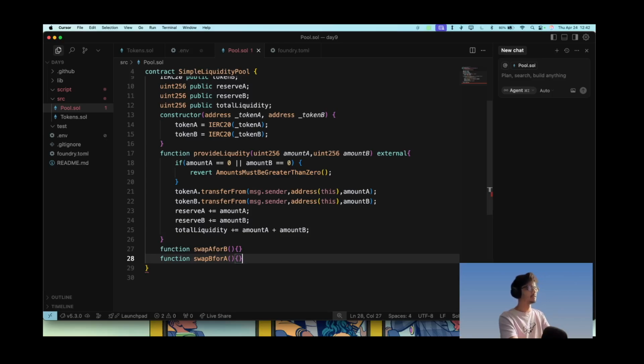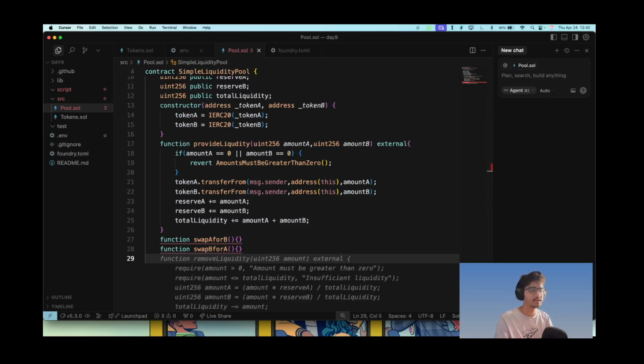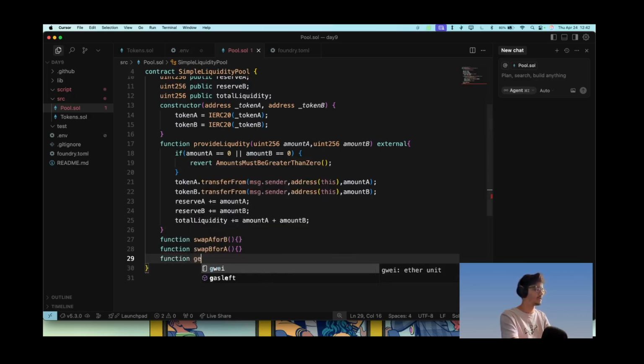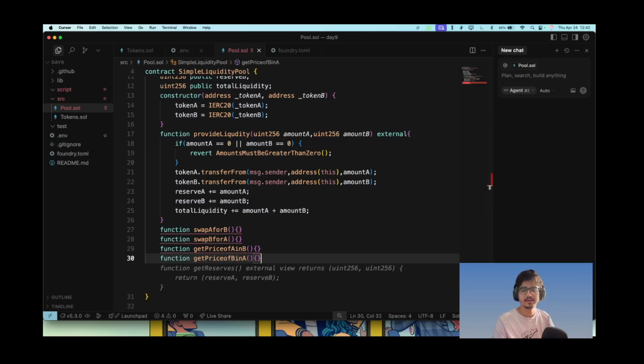And similarly, as we get price of A and B, function getPriceAinB, and similarly we have the other get function. Okay, and then we actually want an amount out here. So what does amount out give you? How much you will input and how much you will get out of the pool.